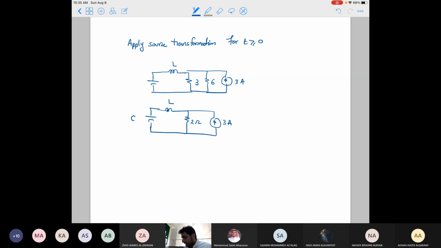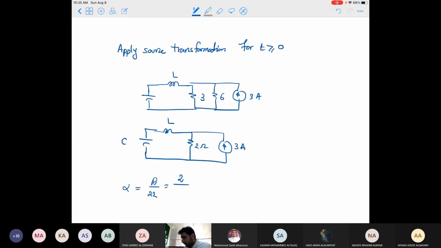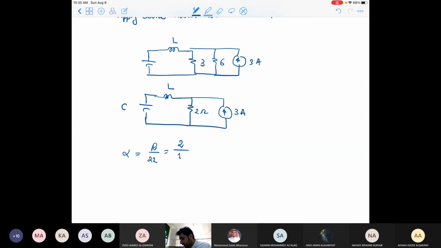In order to find the type of response, you need to find alpha. Alpha is going to be R divided by 2L. So R in this case is 2, divided by 2L. L is 1/2, so 1/2 multiplied by 2 is 1. So alpha is 2 radians per second.